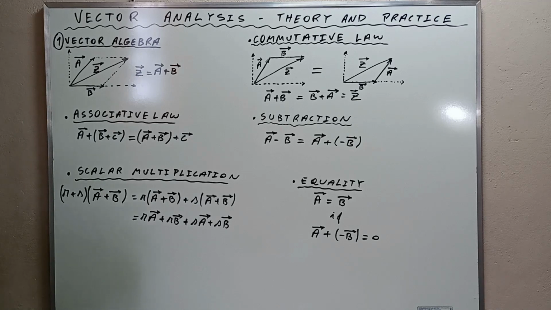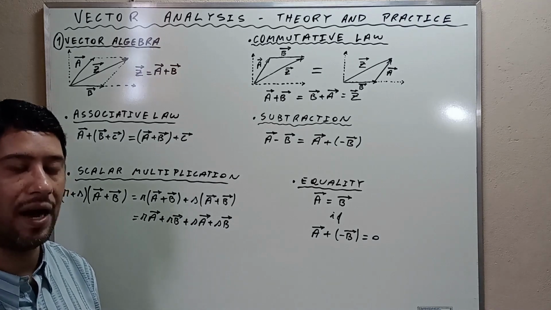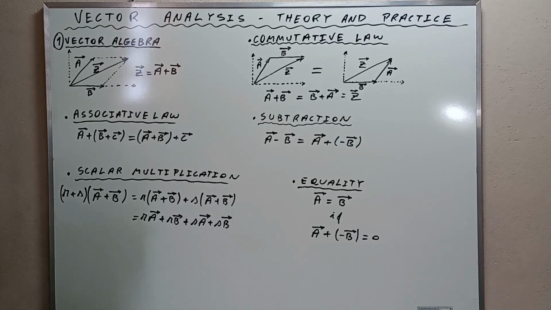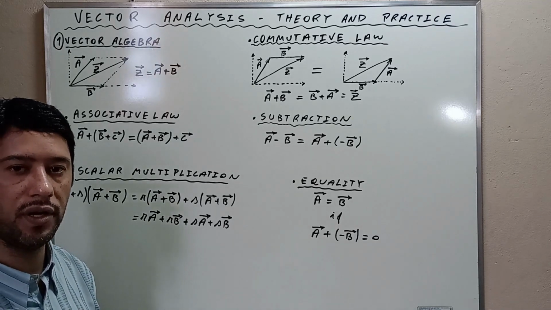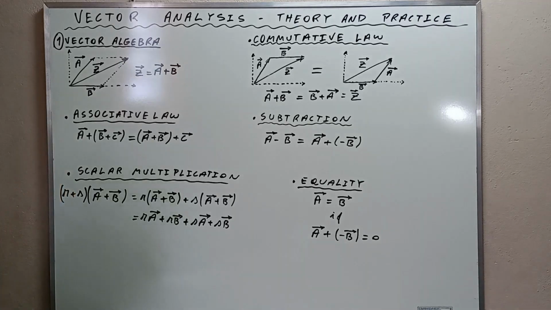When you multiply a vector by a positive scalar, its magnitude changes, but its direction does not. However, when you multiply a vector by a negative scalar, both its magnitude and its direction change. Okay? The direction is reversed.